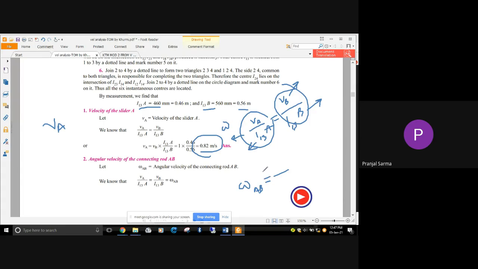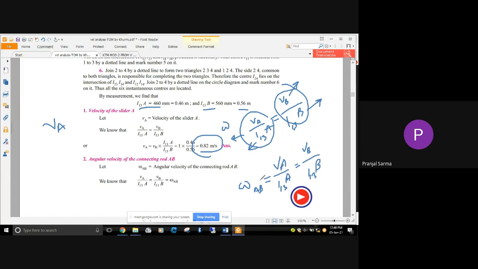So omega AB is nothing but I can write either VA by this length I13A, V equal to R omega, or if I consider that AB link, I can also write omega AB equal to VB by I13B.